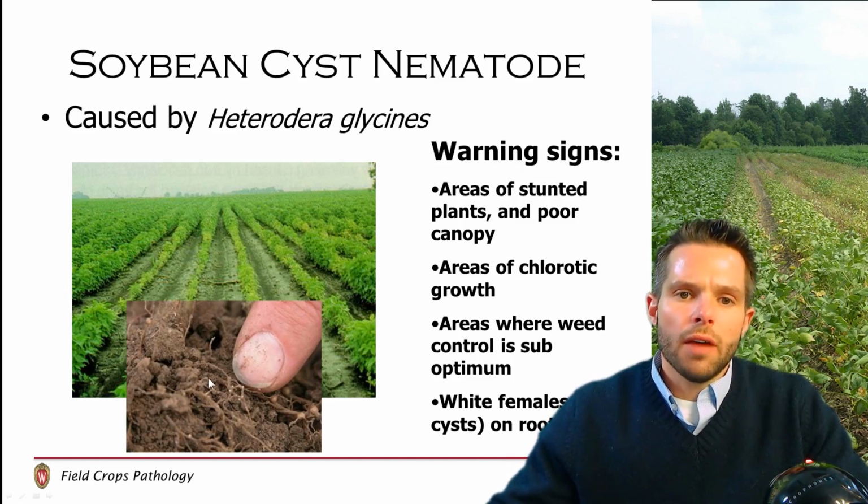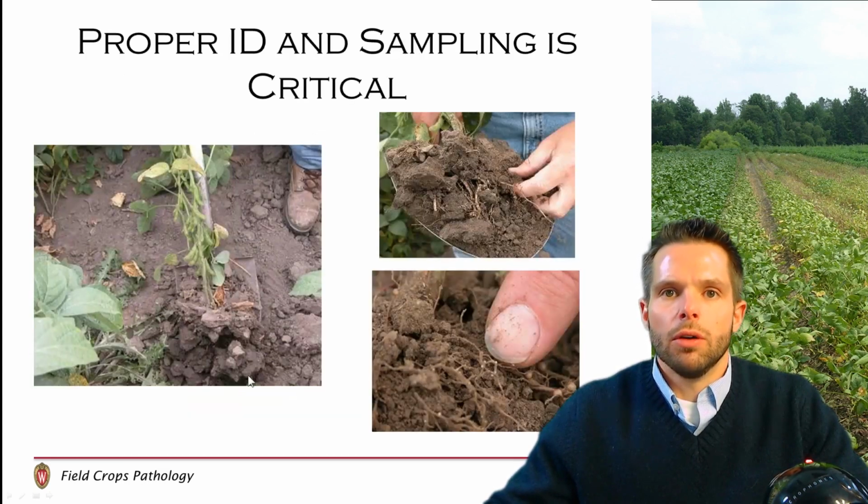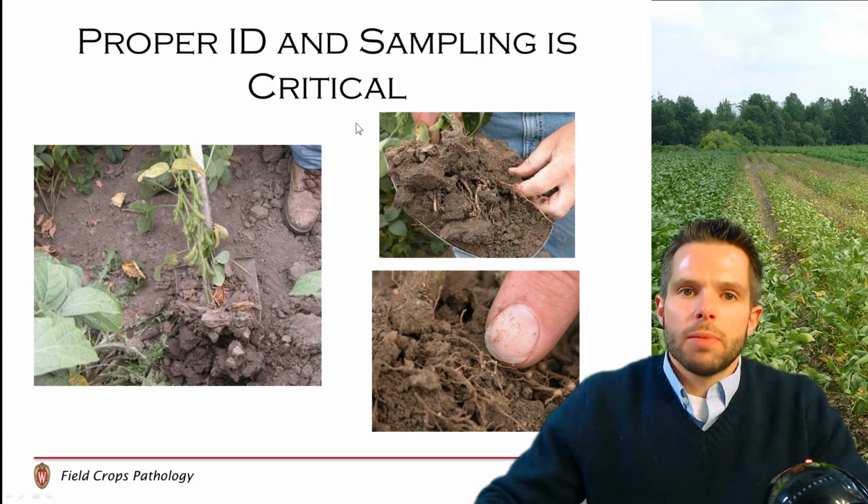Later in the season, you can oftentimes pull plants that have these above ground symptoms, and a lot of times you'll actually find evidence of the female nematodes in the way of these white cysts on the finer root systems of soybean. So sometimes that can be observed. And again, you can see how we might inspect plants.